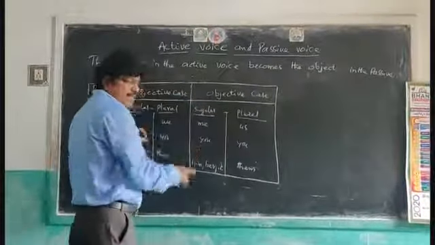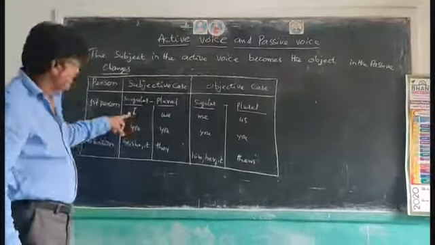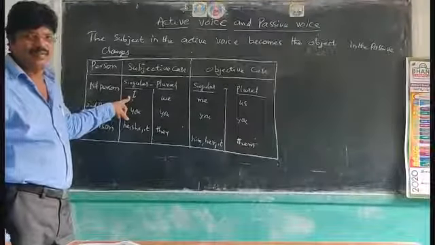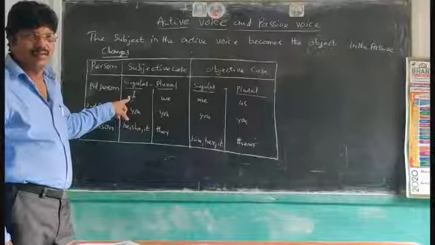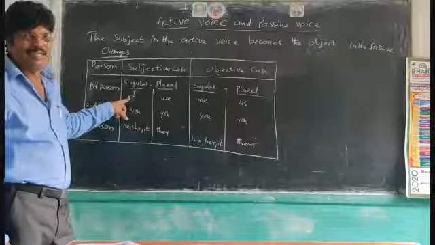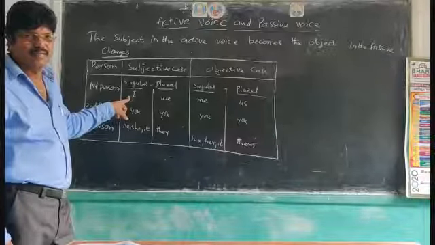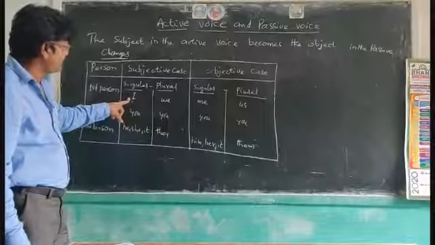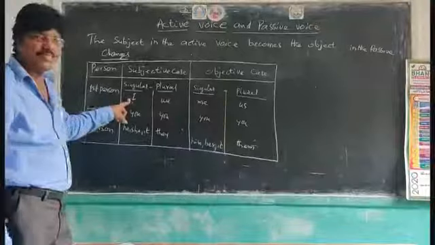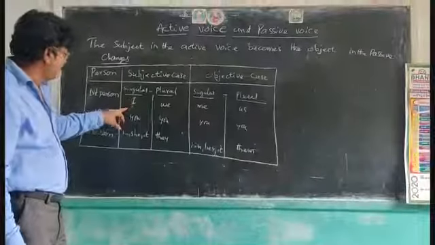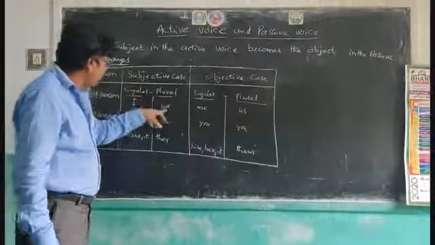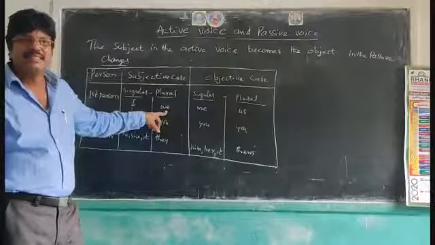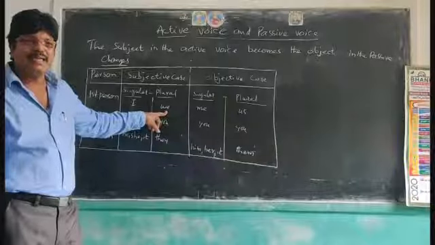Singular I changes to me. I drive a car. A car is driven by me. I changes to me. And in plural, we play cricket.